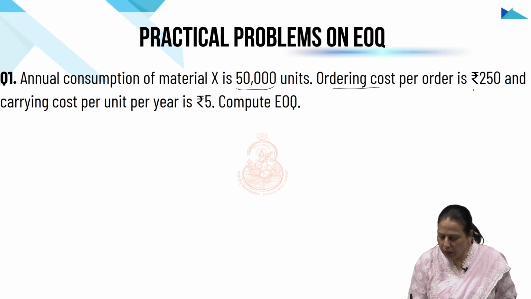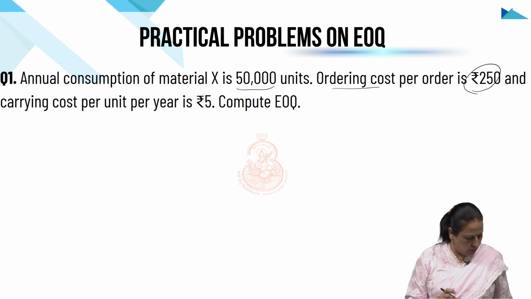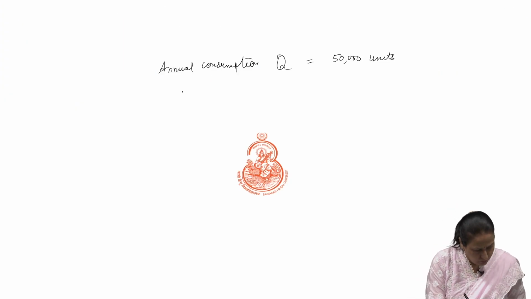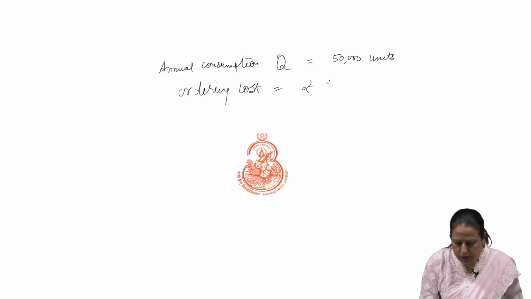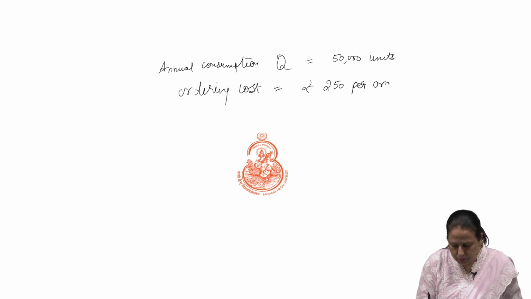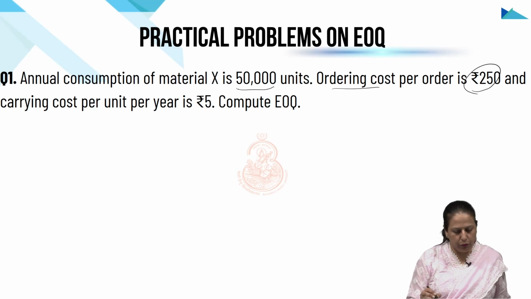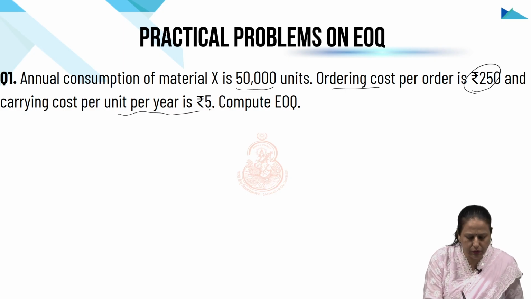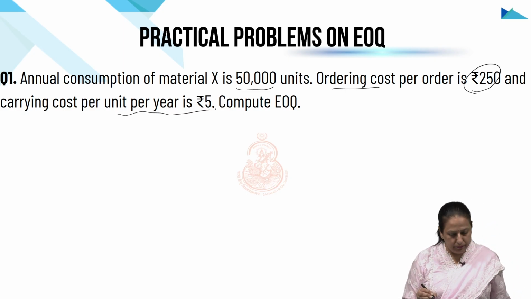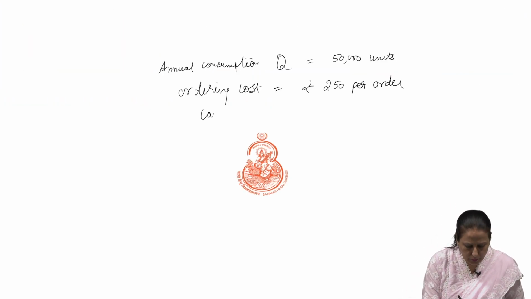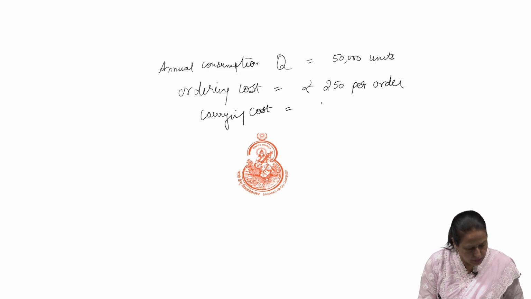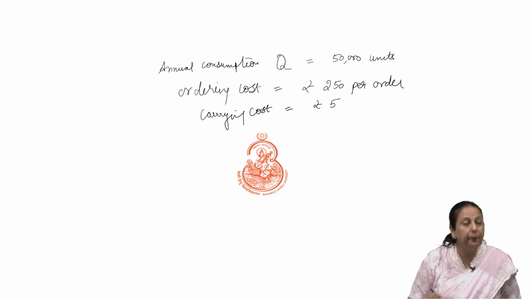Ordering cost given in the question is rupees 250 per order. And the third information provided is carrying cost, rupees 5 per year.